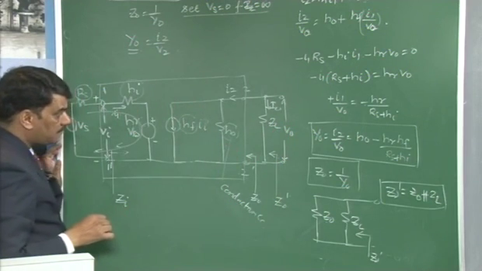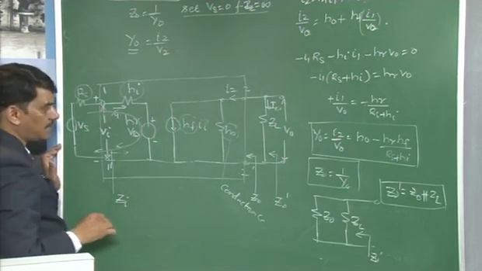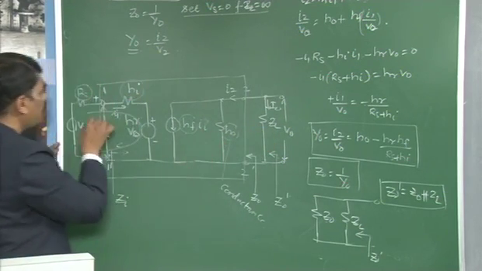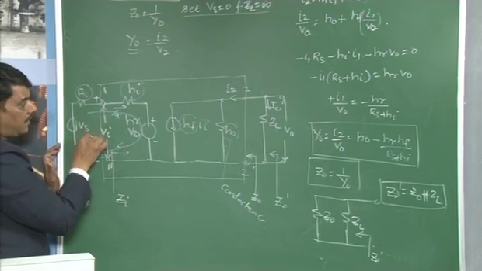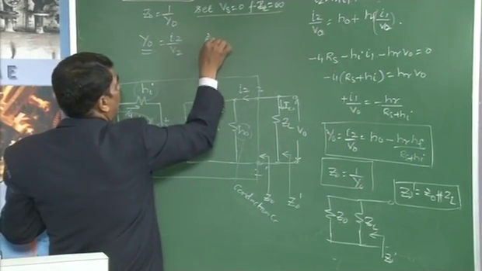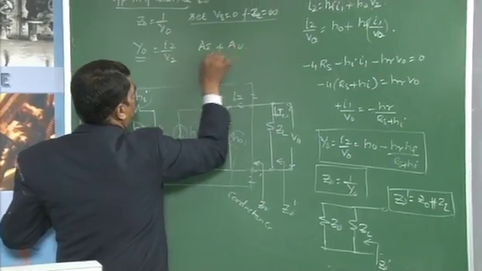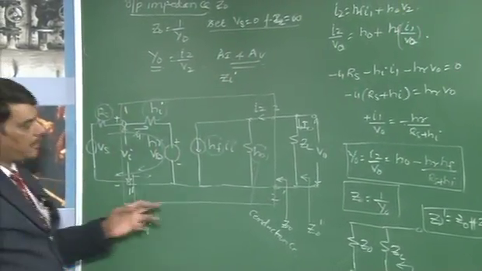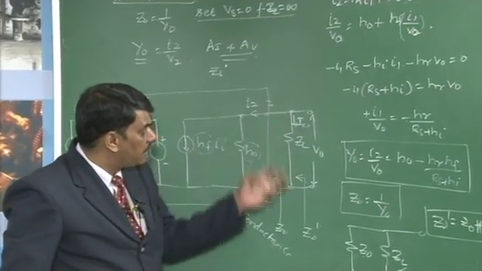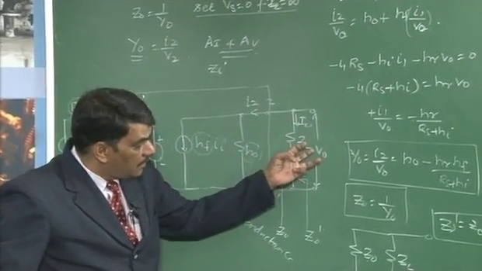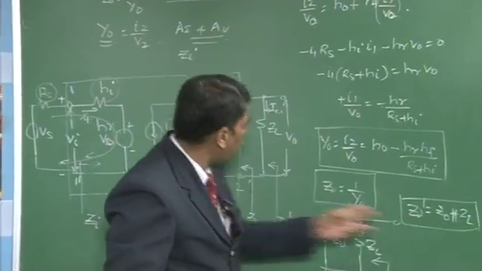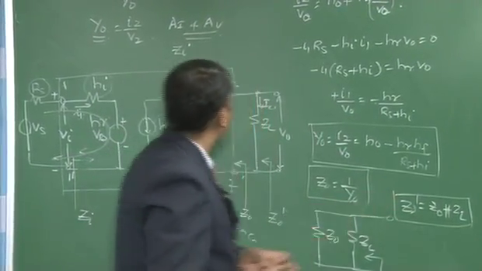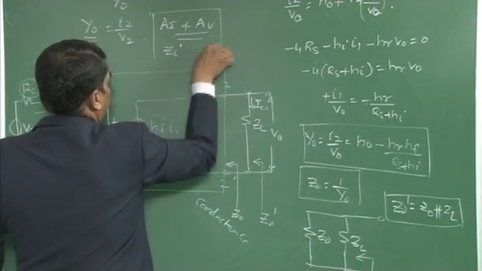Now, if we consider Rs and ZL in the network, what is the effect on the current gain AI, the voltage gain AV, and ZI? We have already observed that considering ZL, the output impedance Z0 dash is a parallel combination of Z0 and ZL.